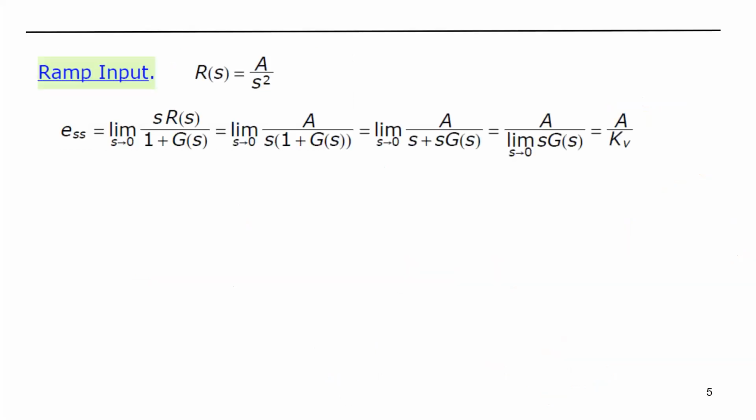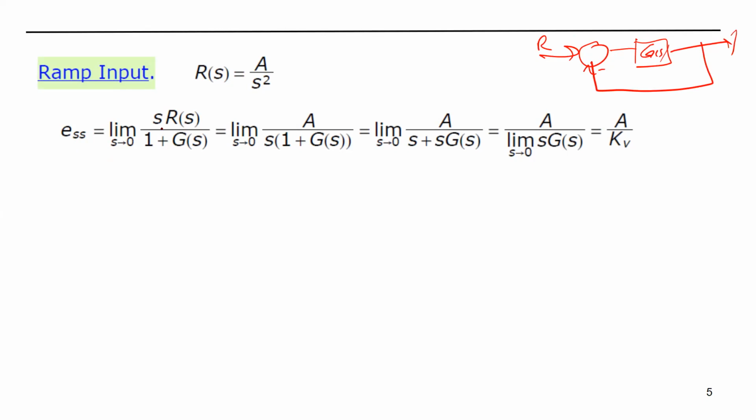Now suppose my input is a ramp. So we said the steady state error equals a limit. Again, we are having a unity feedback system, dealing with the unity G of S. This is minus, R minus Y, and this is the same.